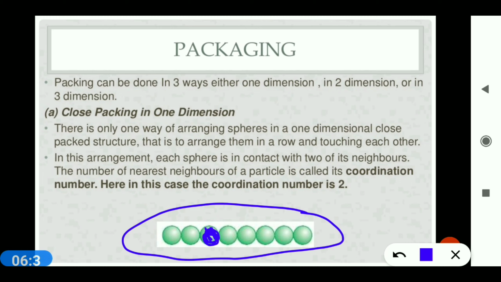Obviously 2 more particles are there, one on the right side and one on the left side. So in this case, the coordination number is 2. In this, each sphere is in contact with 2 of its neighbors. The number of nearest neighbors of a particle is called its coordination number. So here the coordination number is 2.